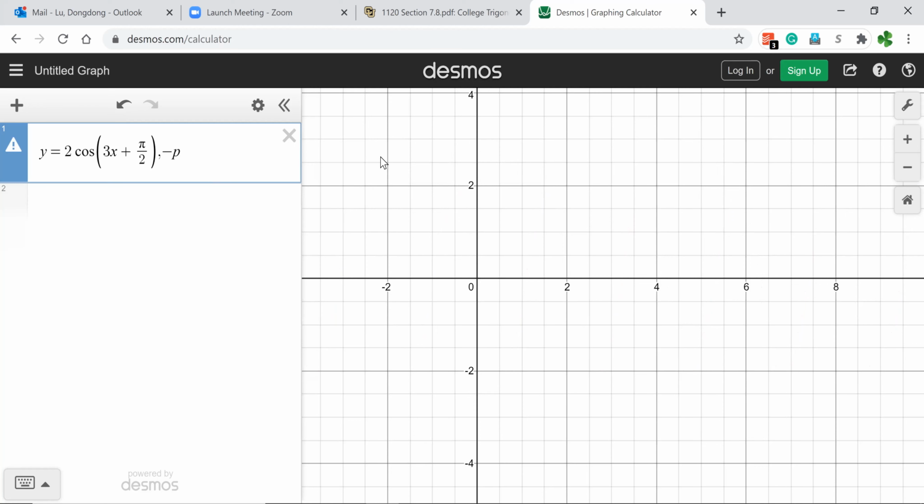Negative pi over 6 smaller than x smaller than pi over 2.